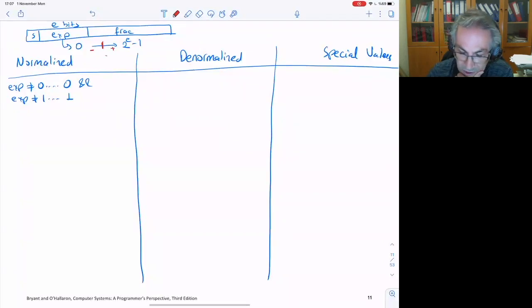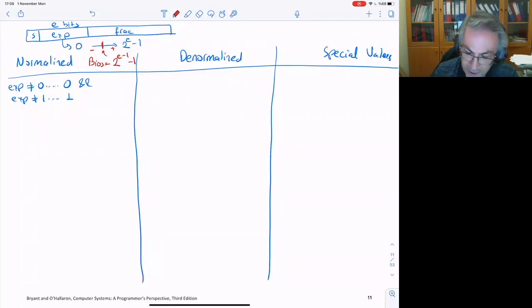We call this value the bias, and it should be halfway in between. The bias is defined as 2 to the power e minus 1, minus 1. So if the bit representation in the exponent part is greater than this, I have a positive value, otherwise it will be negative.